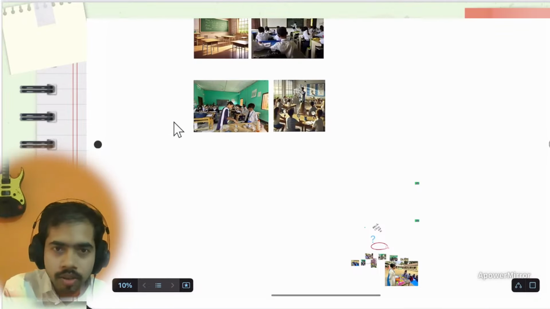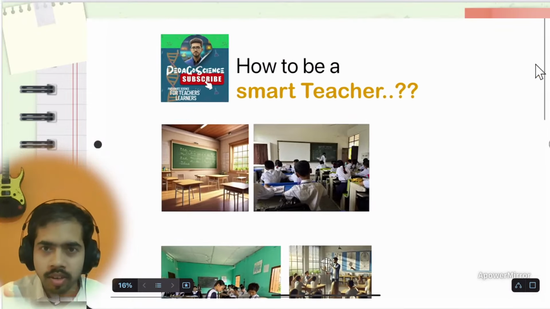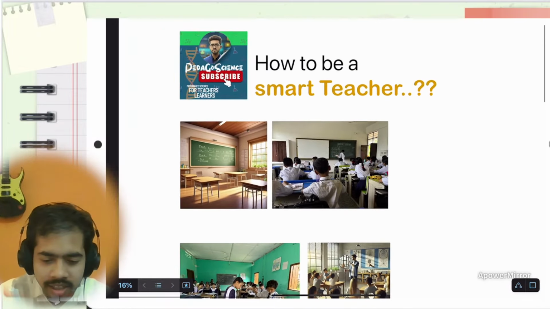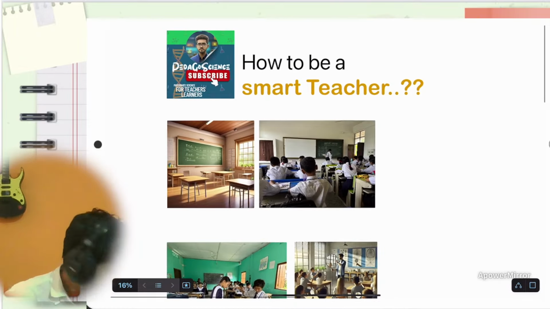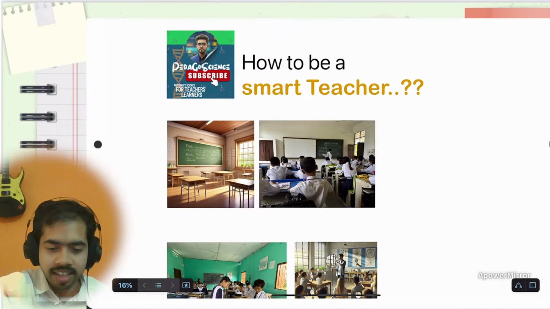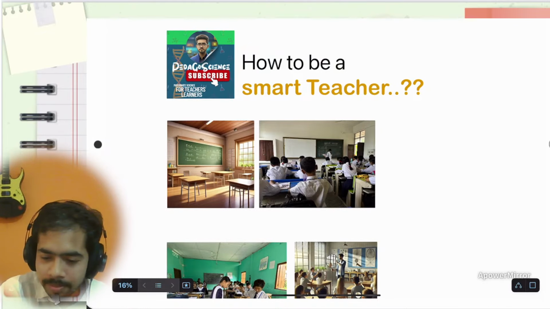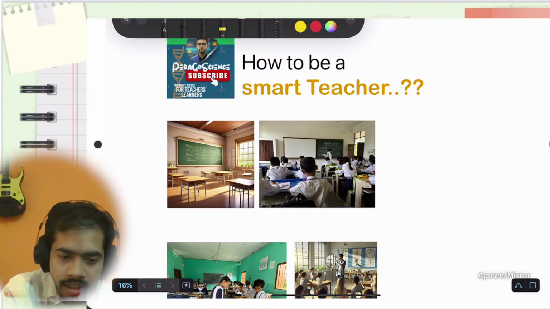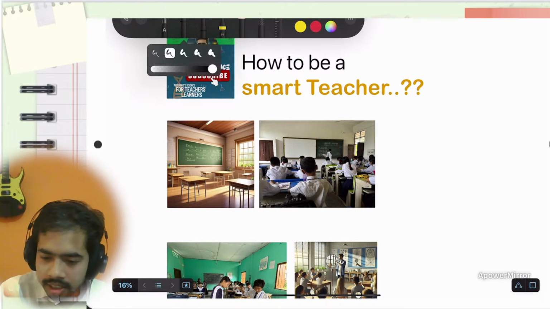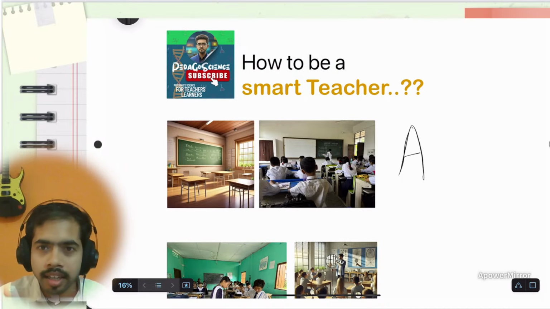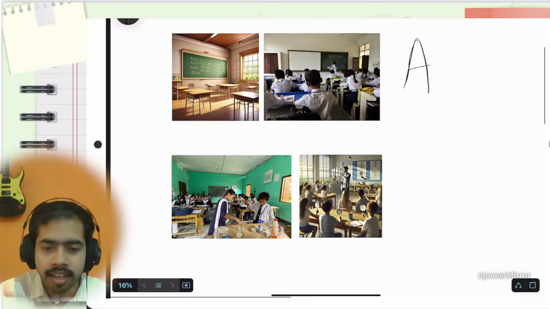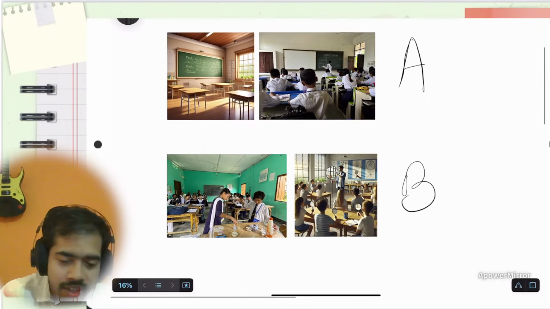এতিয়া আপোনালোকে কওকচোন মোক, so let us discuss in which type of class you would like to study if you are a student. A class that is type A, this is type A type class, okay, and this is type B type class. In which type of class you would like to join?